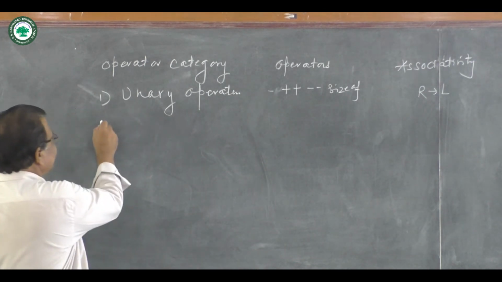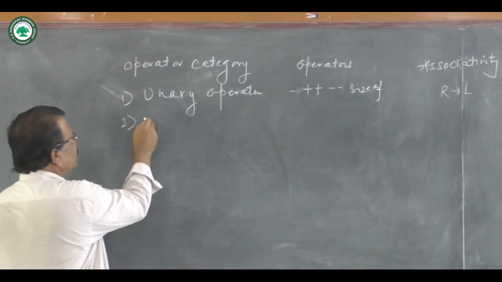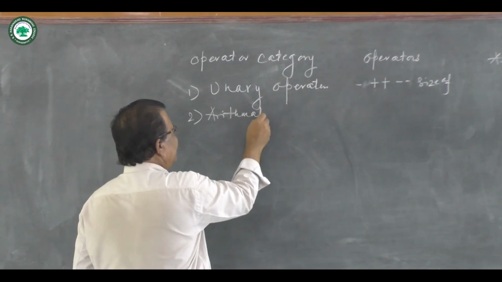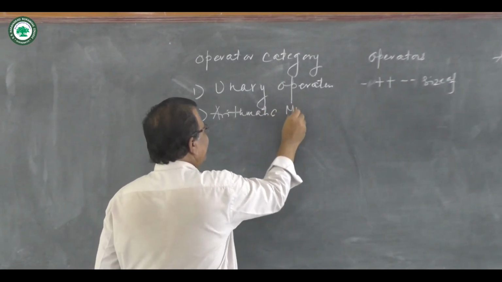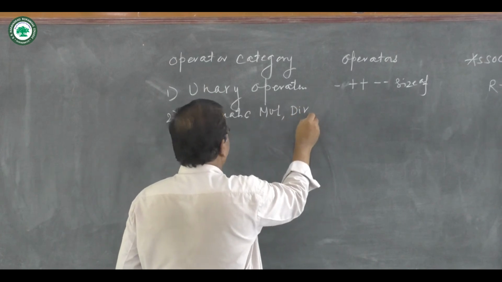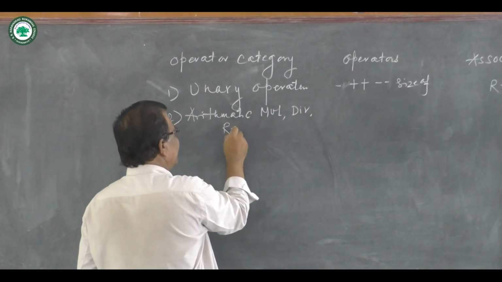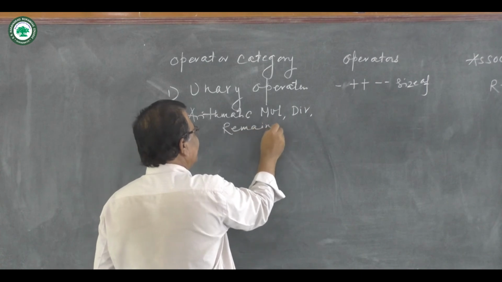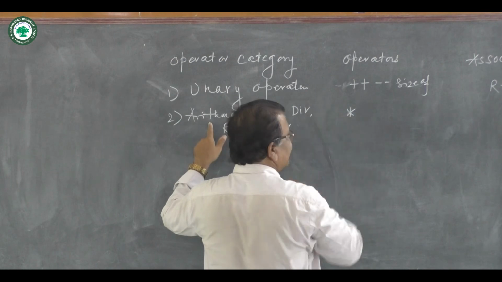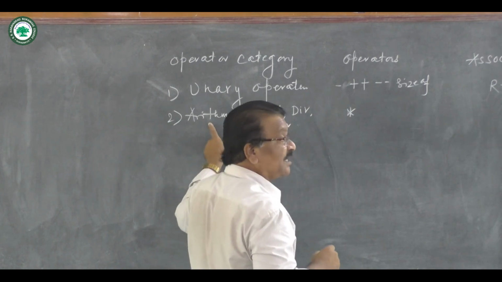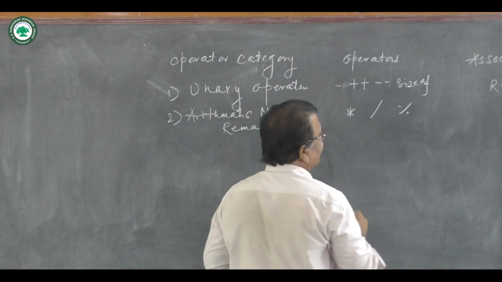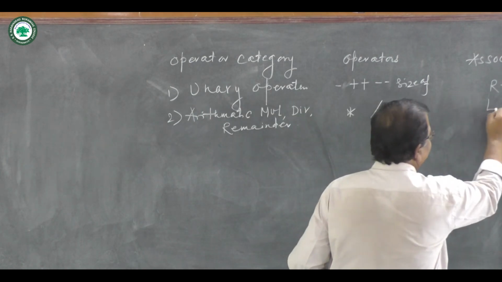Then second precedence or priority goes to arithmetic multiply, division, and remainder after integer division. The operators are star, slash, and percent. They have second priority, second precedence, and their associativity is left to right.